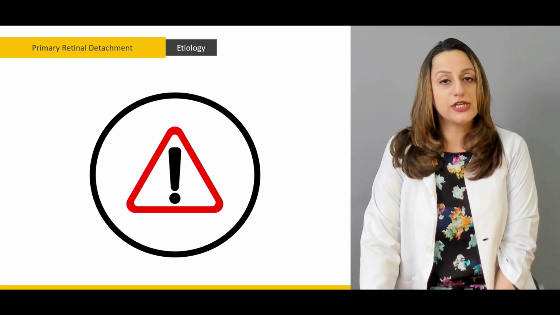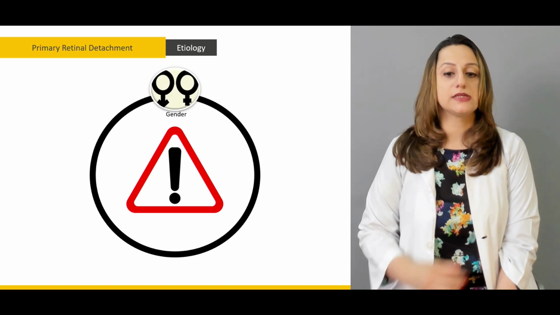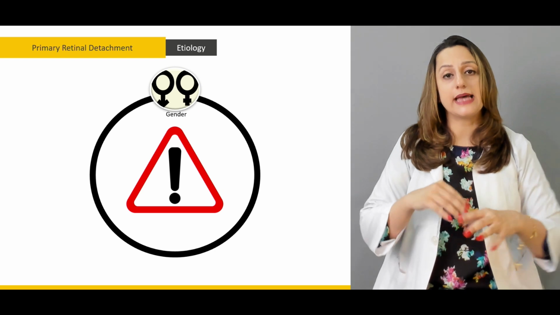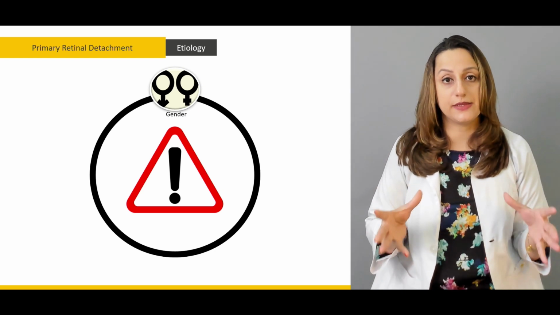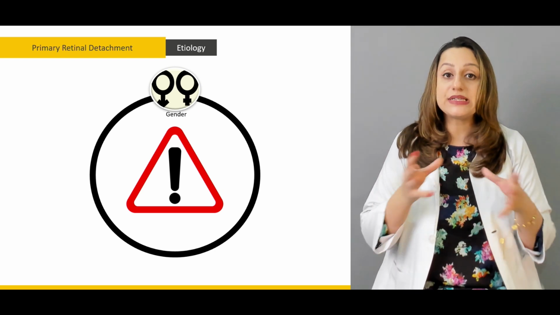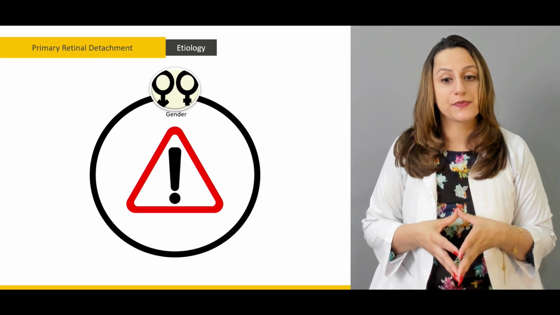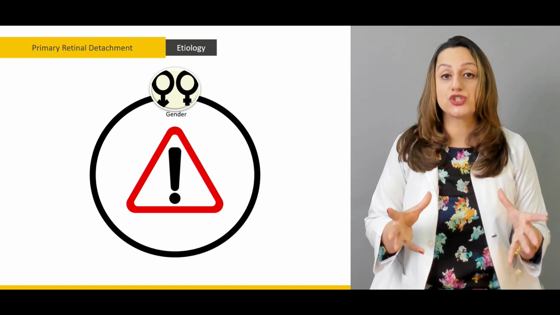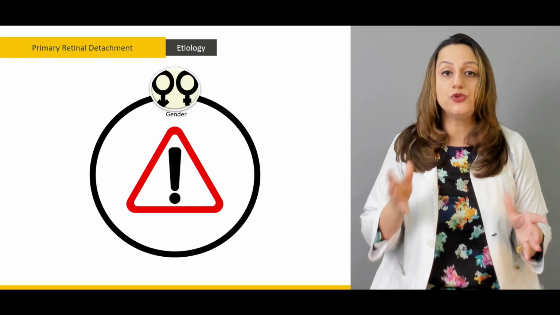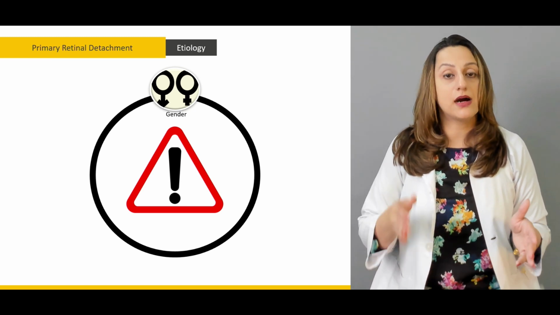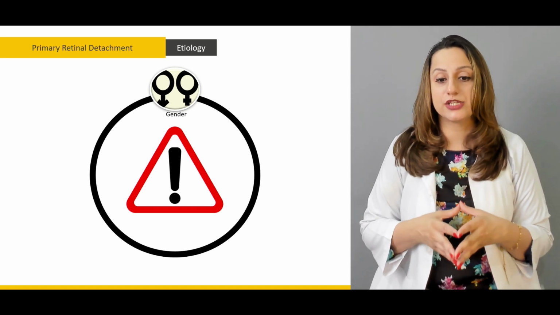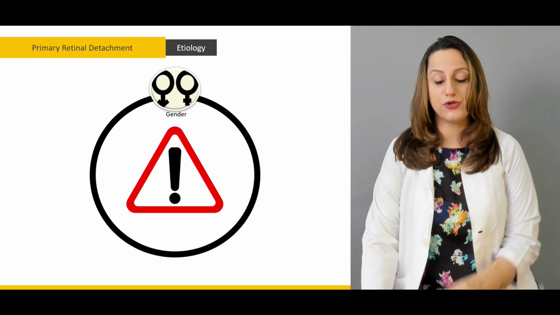The etiology of primary retinal detachment focuses on what we can also relate to as the risk factors for the development of retinal detachment in these individuals. Gender, again, is very important. The sex of the patient is very important over here. Usually, males are more predominantly affected by this condition, known as primary retinal detachment.